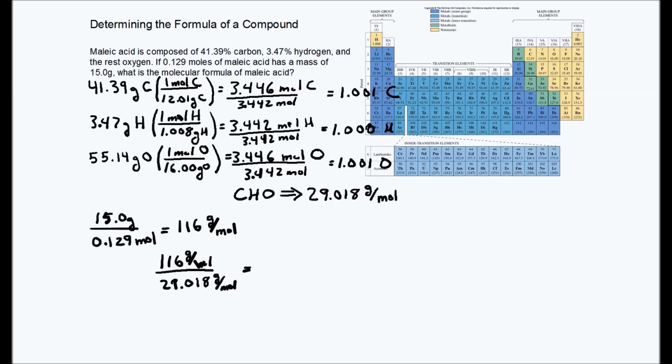And so 116 divided by 29.018 gives me 4.00. And so for my molecular formula, I multiply all the subscripts in the empirical formula by 4, and I get C4H4O4.